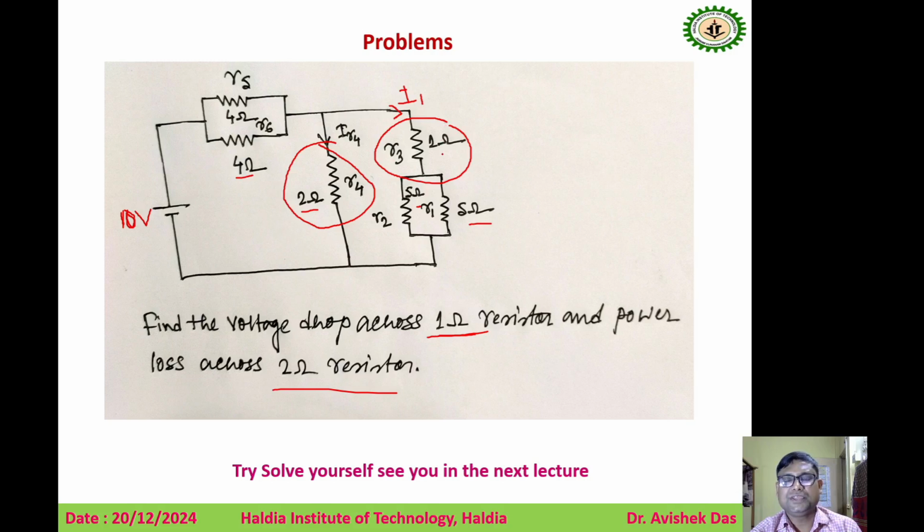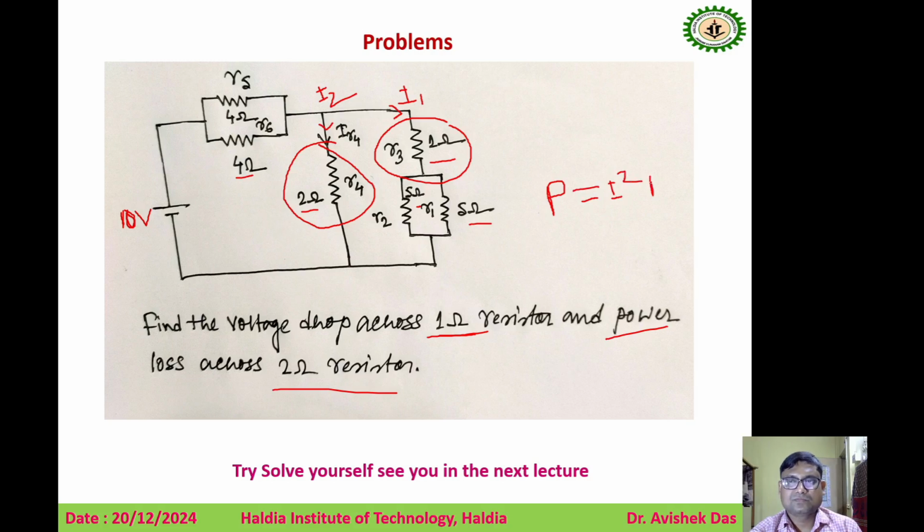The voltage drop is V equals I into R. So if you find the I1 value, you can determine the voltage drop across this 1 ohm resistor. Similarly, you have to find the current through this branch. Suppose the current through this branch is I2. If you know it, you can determine the power loss. P is equal to what? P is equal to I square into R.